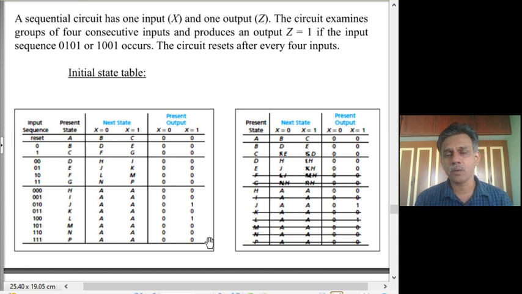So what state to retain, what to remove, it is up to you. But let's follow a convention which is easier to follow. In this case, we have labeled the states using alphabets which is chronologically increasing, starting from A and so on.